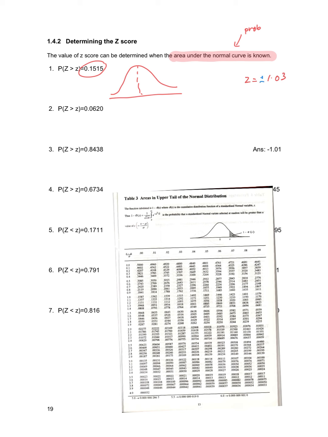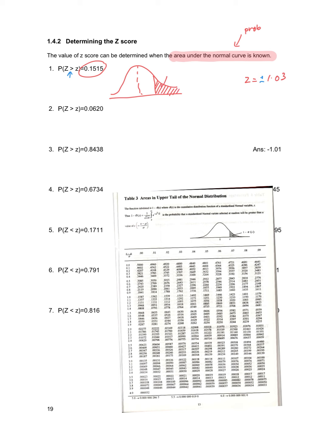Sebab kita ada both side kan, z kita can be positive or negative. So look at the sign kat sini. Sign kita greater, meaning that the shaded region is this one, di sebelah kanan.